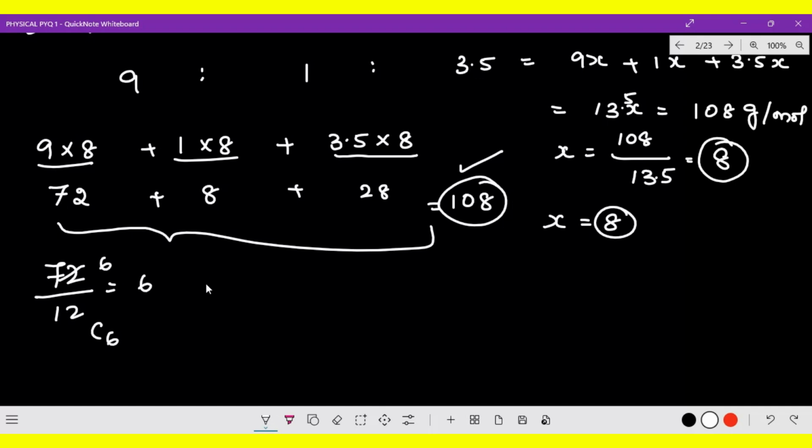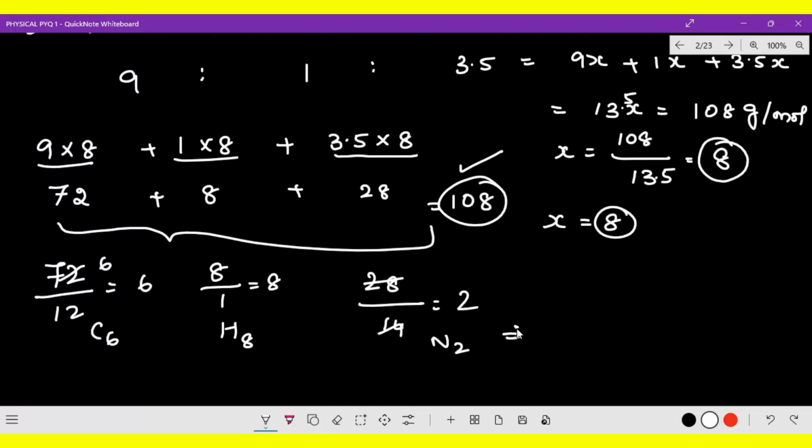Now hydrogen, how much here? 8, divided by atomic mass of hydrogen, which is 1, so you will get 8 only. So hydrogen 8. And nitrogen, how much here? 28, divided by atomic mass of nitrogen, which is 14. So 14 twos are 28, so nitrogen is 2.